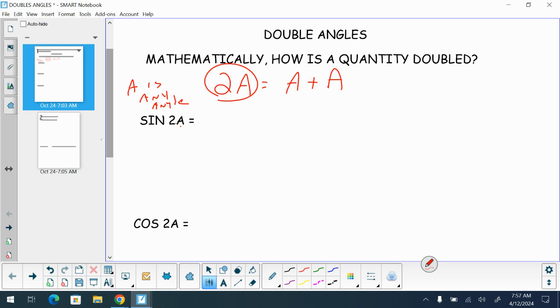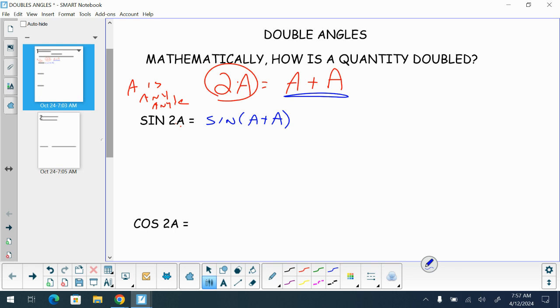Because we just said mathematically we could double it by multiplying by 2. Well, that's what this is, multiplied by 2. But what we also wrote this as is the sine of A plus A, which is angle addition.